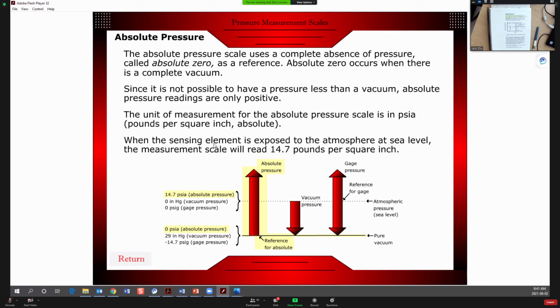If the pressure measurement is taken at the atmosphere at sea level, it usually reads 14.7 pounds per square inch. This is not a constant number. It changes slightly, not too far from this number. You could have lower than this number, or slightly higher than this number.